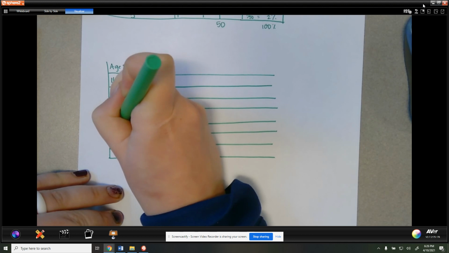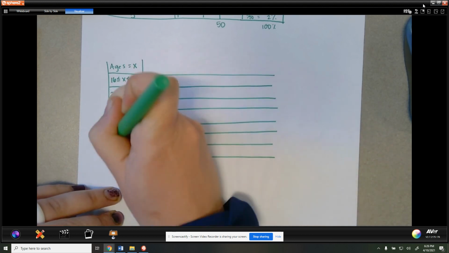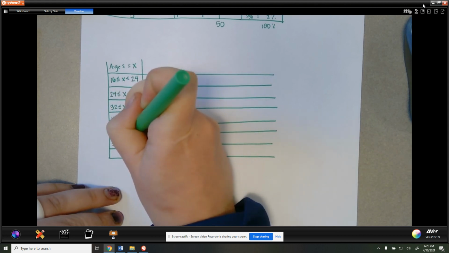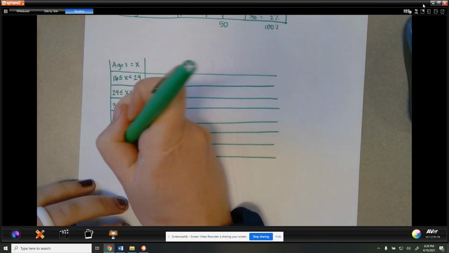And then 48 to 56. 56 to 64. All right, so that will cover our whole interval, a little bit more, but that is fine. And then this can be like our total column or something like that. Okay, so this looks lovely.